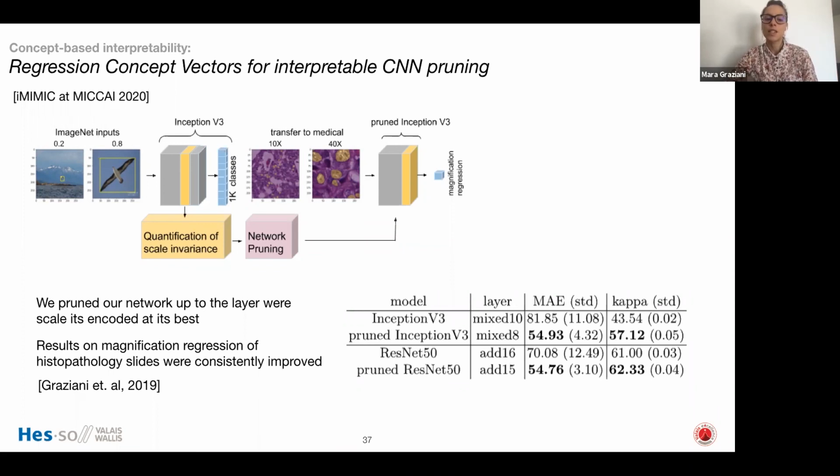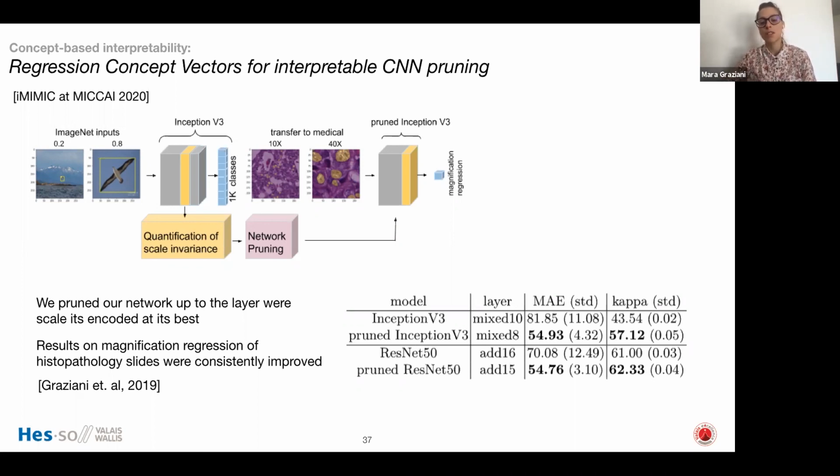And we found out that this information is present across almost all layers of networks pre-trained on natural images, and that invariance to scale is always only obtained at the last network layers. We also saw that only 1% of the features within the network is actually enough to represent scale for multiple classes.